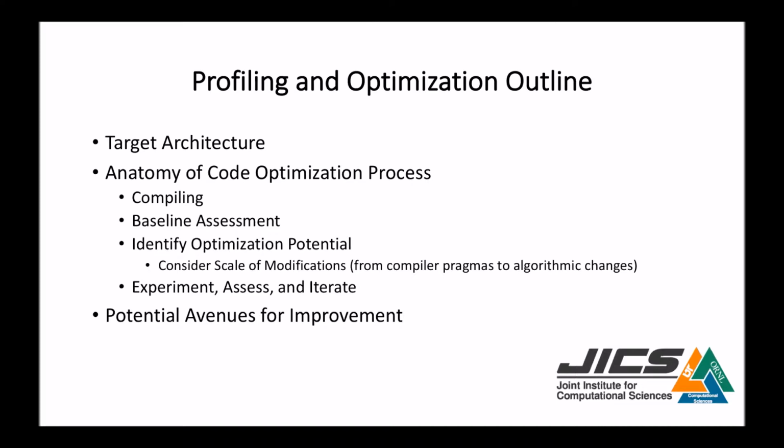So from a bottom-up approach, it could be as simple as adding some compiler pragmas, or if we have complete control of the code, it might involve some algorithmic changes from the top down. The process in optimizing code is you do an experiment, you do an assessment of the results of that experiment, and iterate. Then I will finish the presentation discussing some avenues for future improvement.